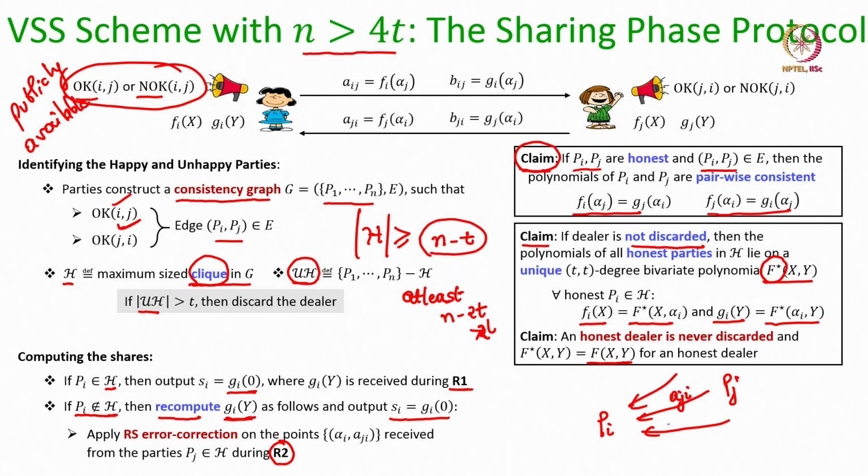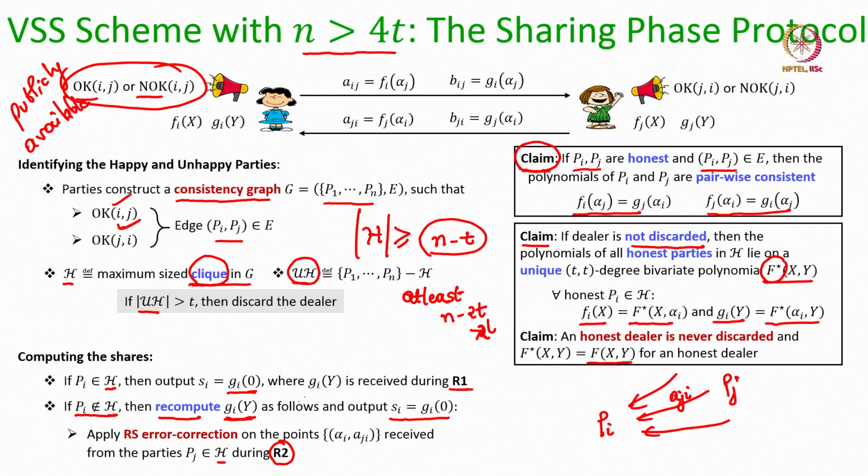It focuses only on the a_ji values received from the happy parties. During the second round it would have received the supposedly common value a_ji from all the n parties. What we are saying here is that among those a_ji values, take only the common values which have been received from the happy parties, and the happy parties are now identified.